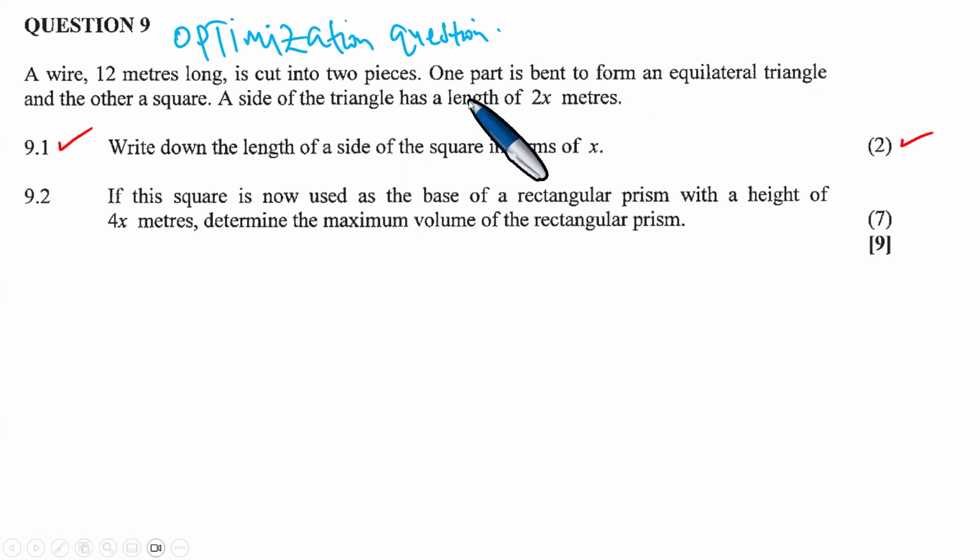A side of the triangle has a length of 2x meters. Now write down the length of a side of the square in terms of that. Okay, never mind, I'm just teasing you, and then we're going to do the next one. But I'm just interested in seeing what you can do.